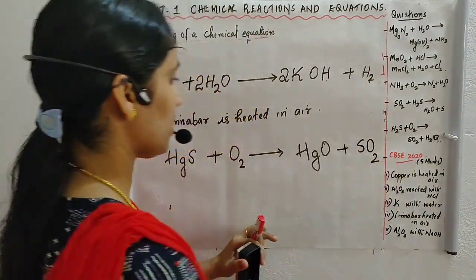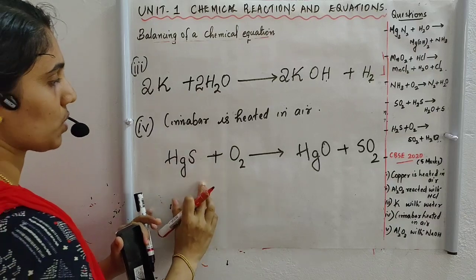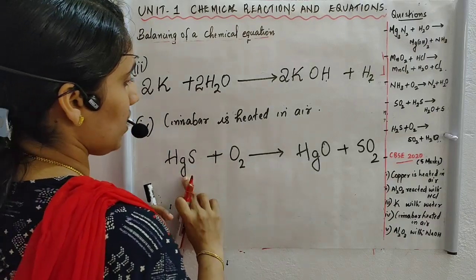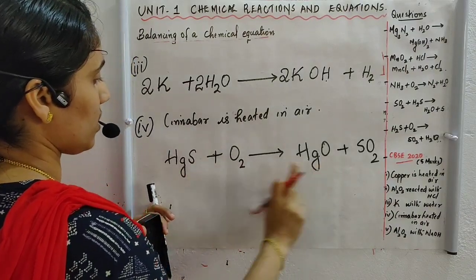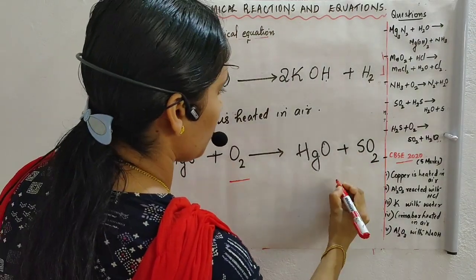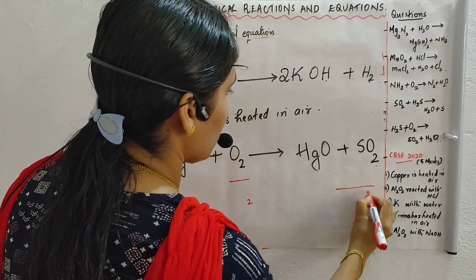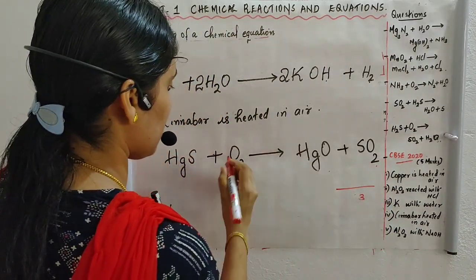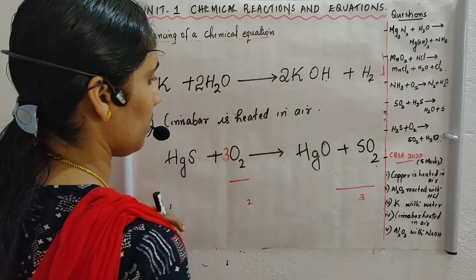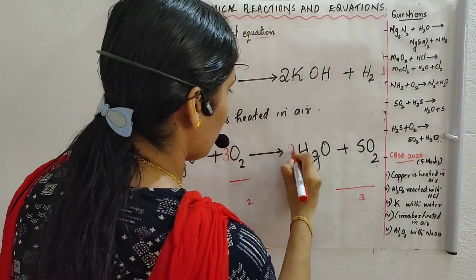So this is the complete reaction, and our aim is to balance this equation. So how to balance it? In this equation Hg 1, here also Hg 1, sulfur here 1, sulfur here 1, oxygen here 2, and this side it is 1 plus 2, 3. So try to make it 6, that's better. So here it is 3, and in order to make it 6 you can put 2 here.